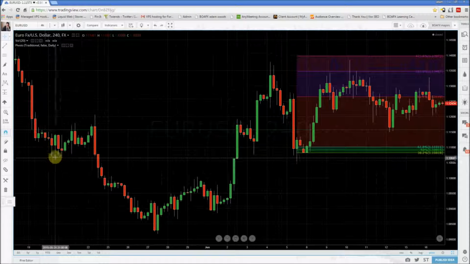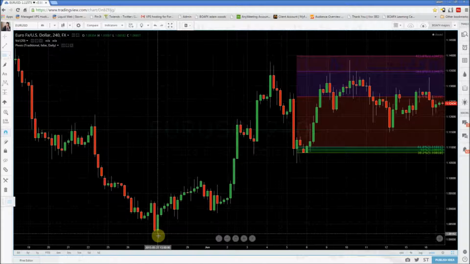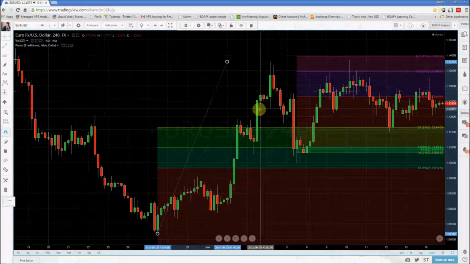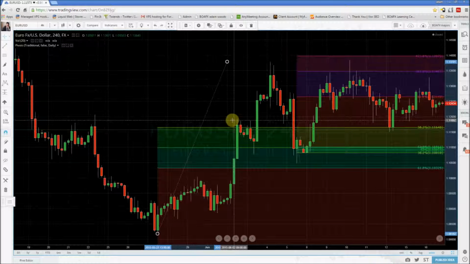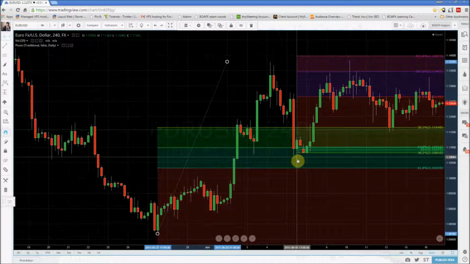It's in line with a previous area of support, and also if we put a Fibonacci on this trend upwards, you'll also see that it's a rejection from the 61% level. Okay, it's come down here, it's rejected that 61%, and it started to push back up.